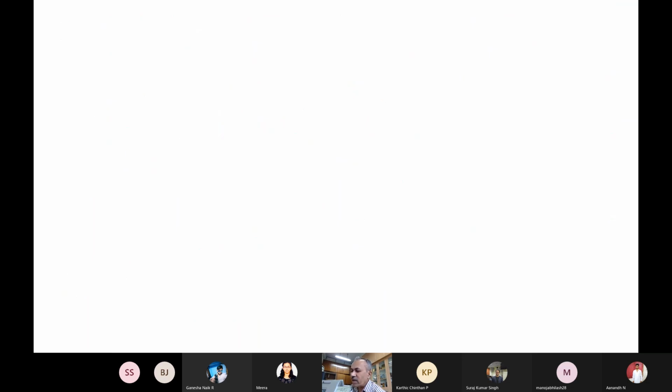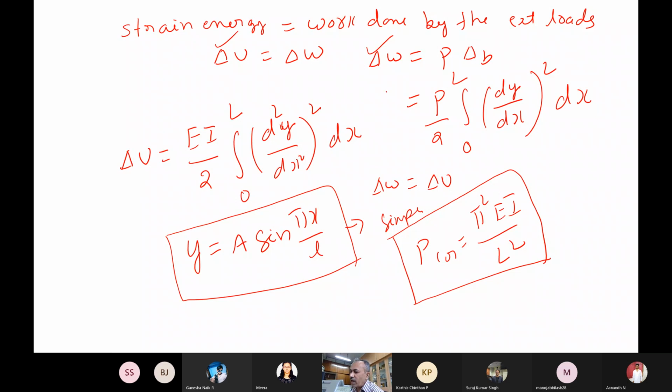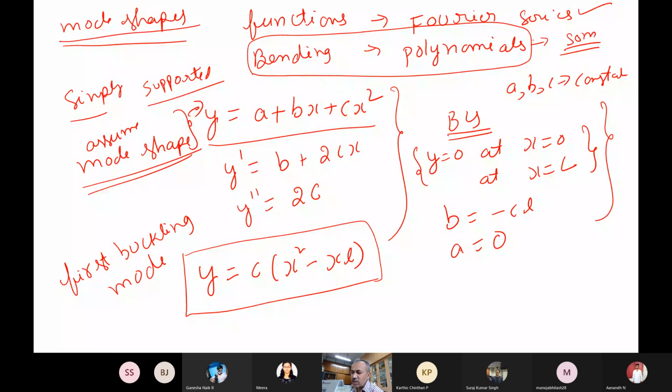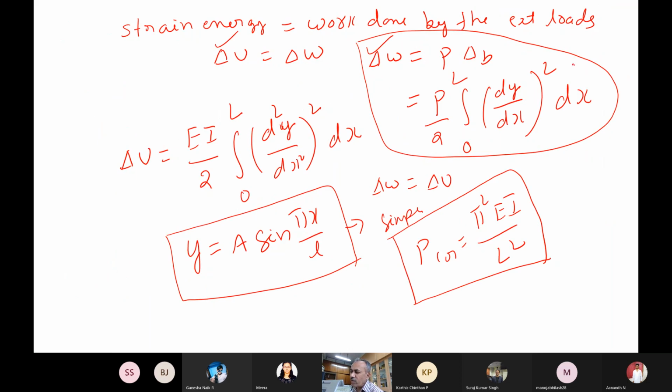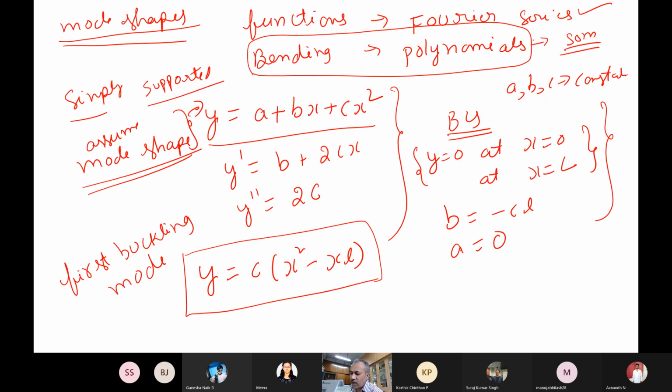Now it is very easy to calculate delta W. The reason is that y is in terms of polynomials, so the derivative is very easy. Simply x square gives 2x, and this becomes L. You can easily calculate all the derivatives, and d square y by dx square is very simple for the calculations.